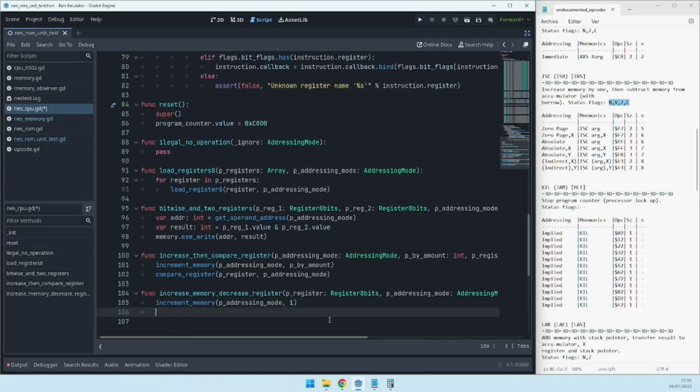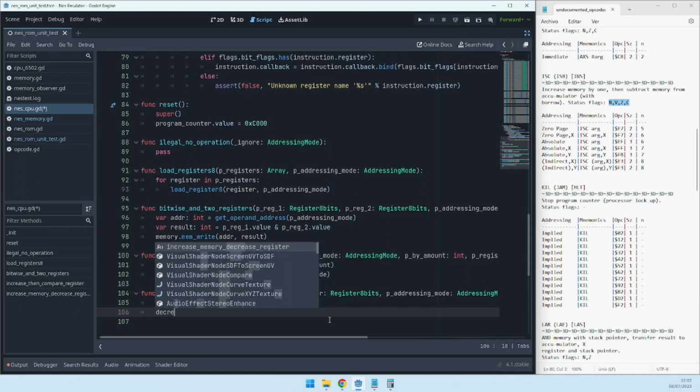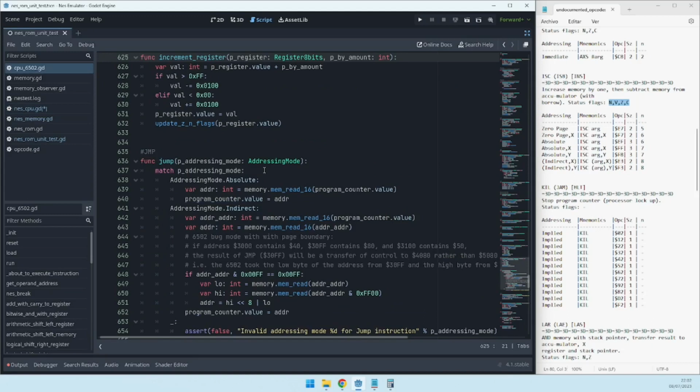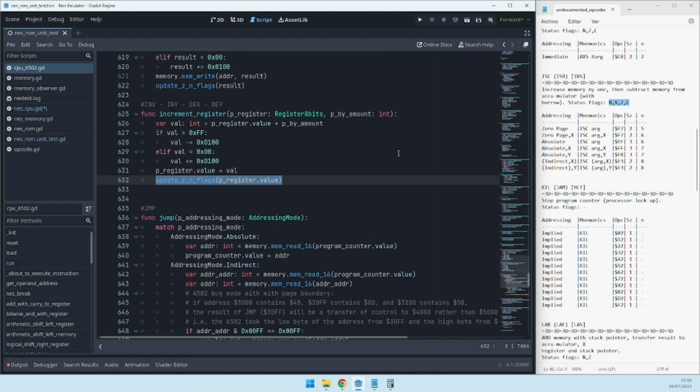And then decrement register, or increment register B, by -1. That should update all the same flags. Okay, it doesn't update carry and overflow. That's not good.